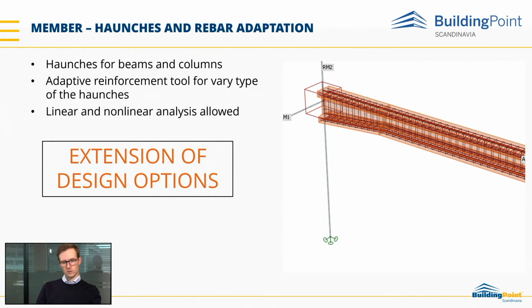So also improvements for haunches and rebar adaptation. Yeah, you can perform the linear and non-linear analysis here also. The user gets extension and design and code check options for new and existing structures.